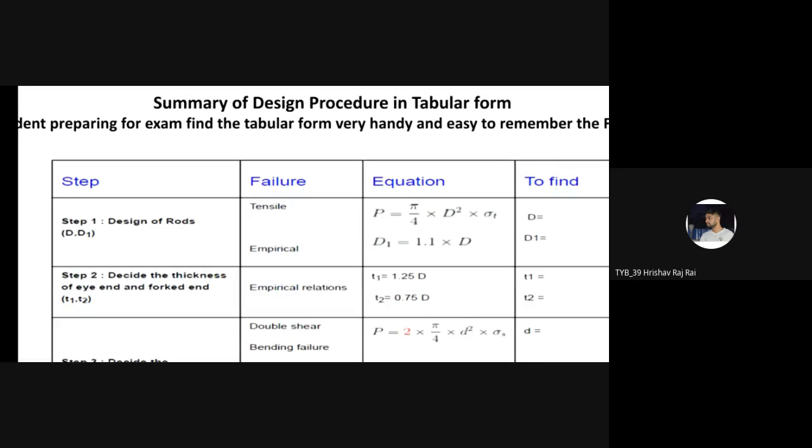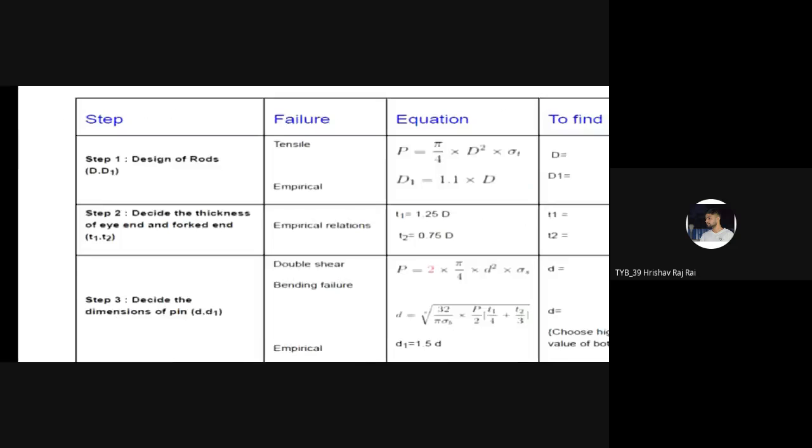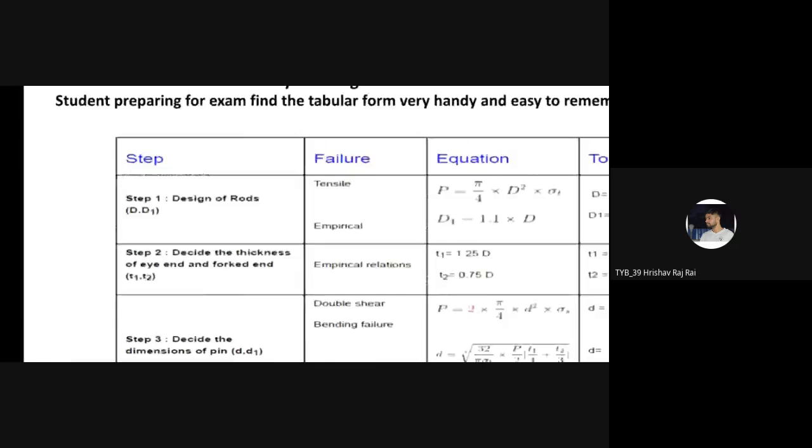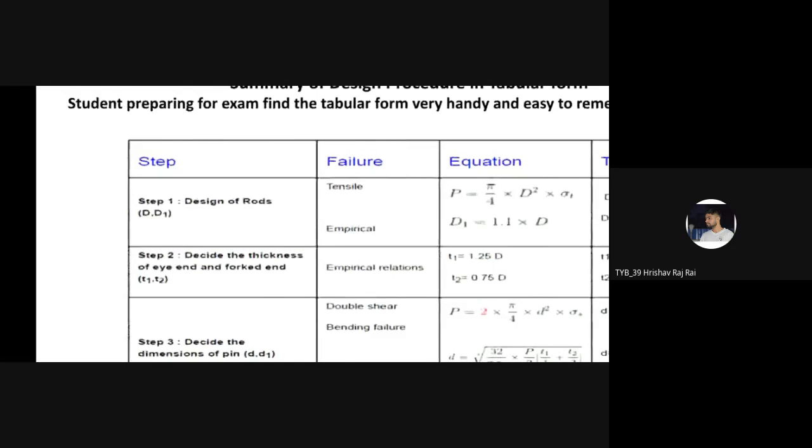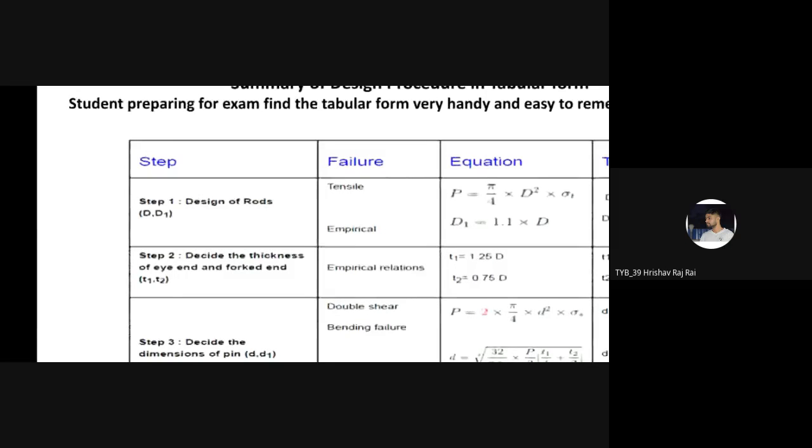Okay, then the second step: deciding the thickness of the eye and fork end. While considering the thickness of the fork section and eye section, the single eye section and double eye section as it is also called, we are going to use empirical relationships.